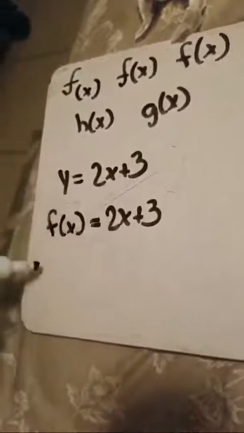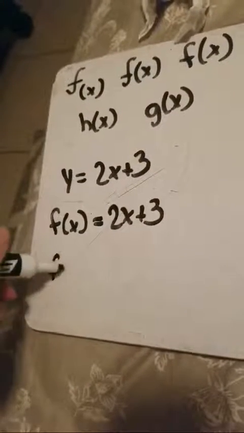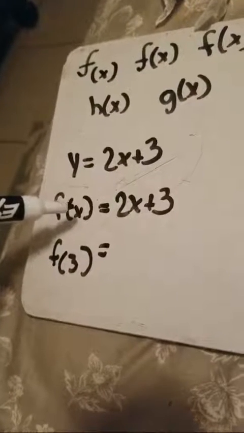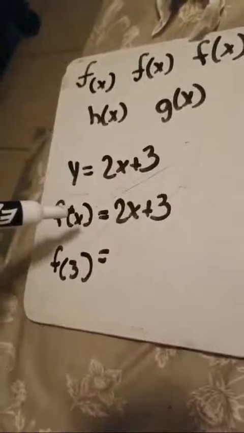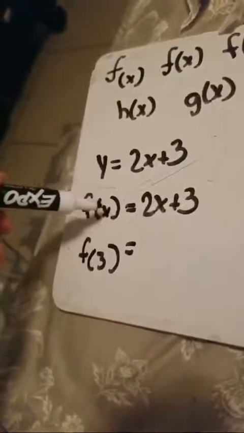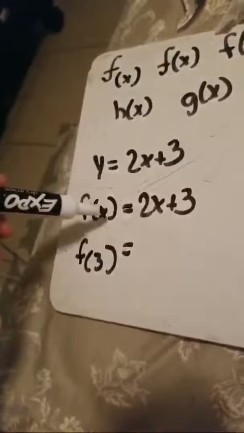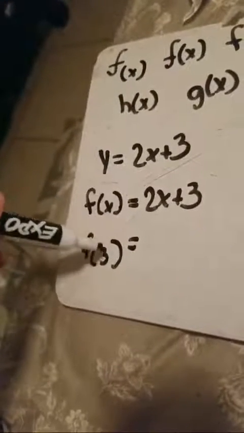Then it's going to ask you, well, what is f of 3? Well, up here, isn't that space occupied by the variable, and don't variables represent numbers? No, you don't have to use the fancy f's. Isn't this space occupied by x? And x is a variable that represents a number. So this number is now 3.